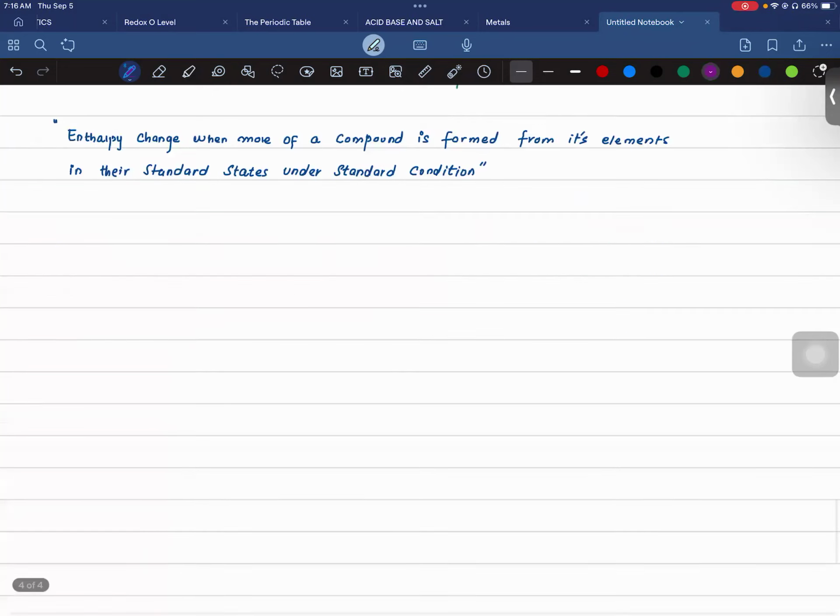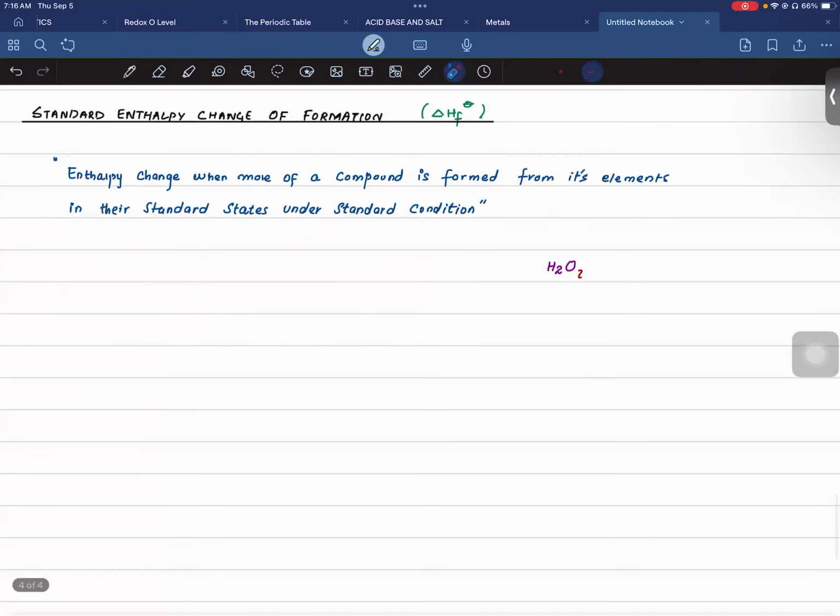Let's suppose I have to make water. The standard state for water is liquid, right? So according to the definition, when I would be forming one mole of a compound, this is a compound, and this is liquid.